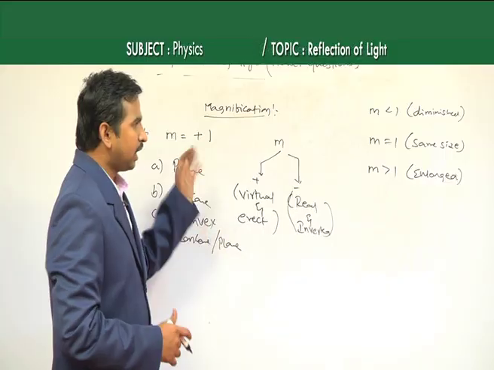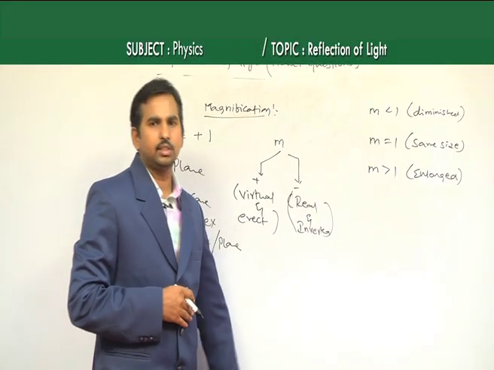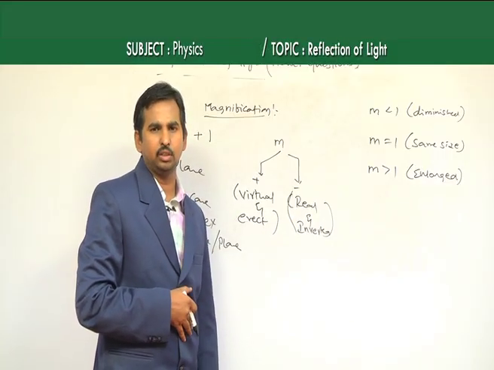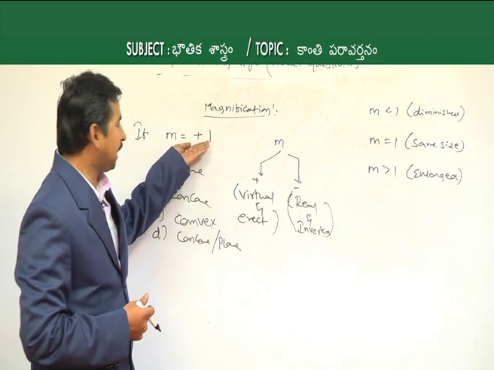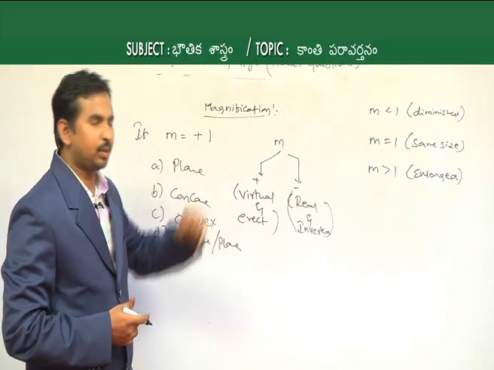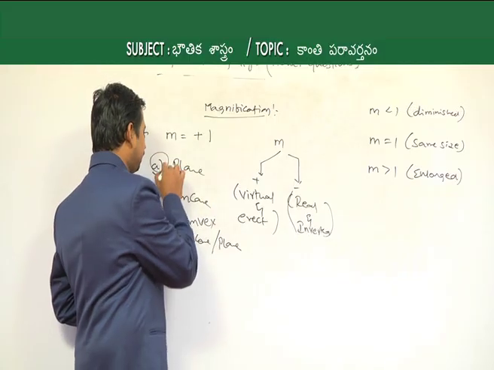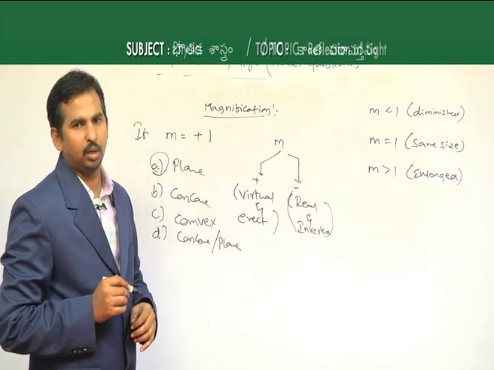So erect and same size is given by only one possibility, that is a plane mirror only. That is why m equal to plus 1 represents a plane mirror here.